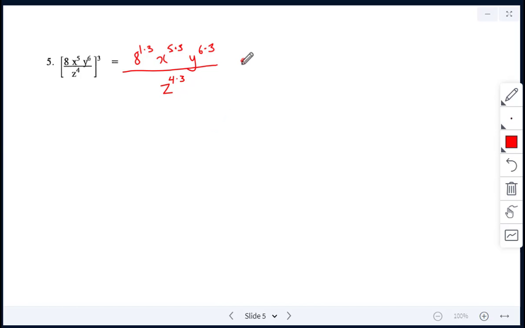All right, so that becomes 8 to the power of 3, x to the power of 15, y to the power of 18, and then z to the power of 12. Then double check to see if there's anything more we can simplify here, and we cannot, so we are going to leave it as is.